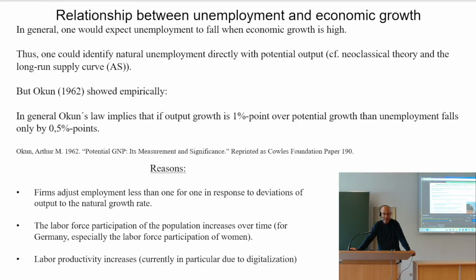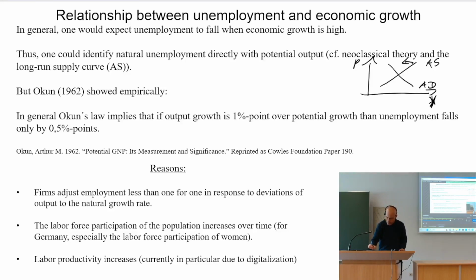And for this, if you remember, in neoclassical theory, when we switched from the Keynesian view, where we talked about the so-called ISLM model, then we introduced the aggregate supply and aggregate demand model, where we had the AS and AD curve. And then we said in the long run, only these long-term circumstances are relevant for our economic situation.